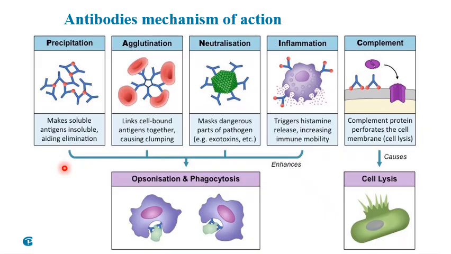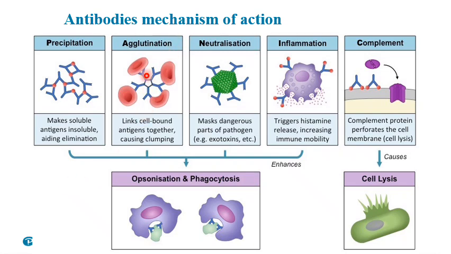In precipitation, antibodies latch onto the antigens, which are free floating little dots. They become insoluble and heavier, so they slow down, and this aids in their elimination by the macrophages.